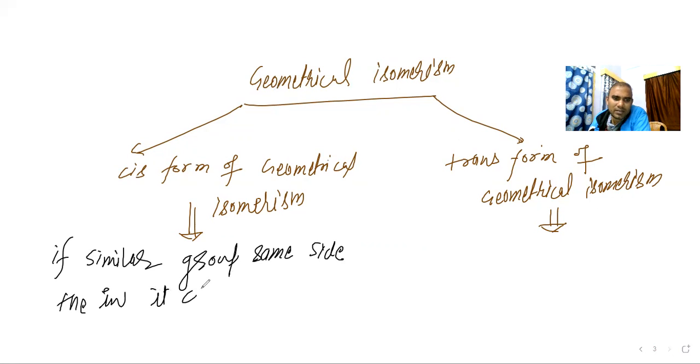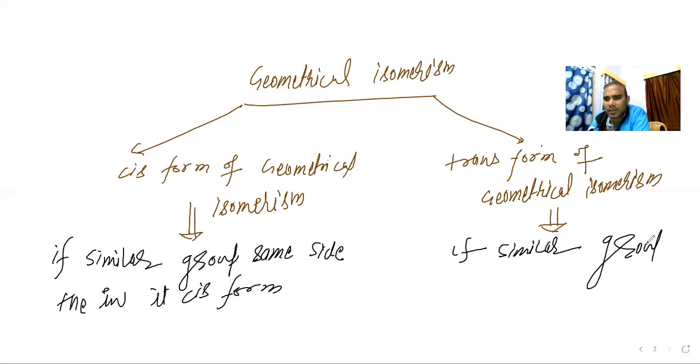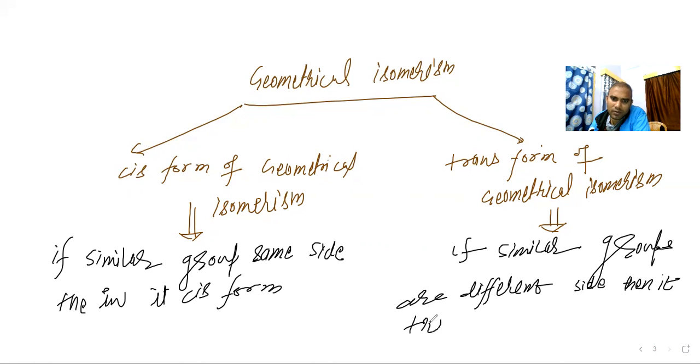Now if similar groups are on different sides, then it is trans isomerism. Similar group same side, cis form. Similar group different side, trans isomerism.